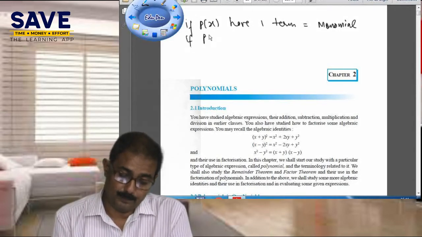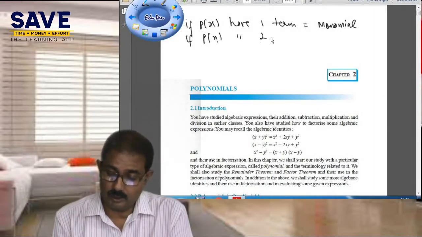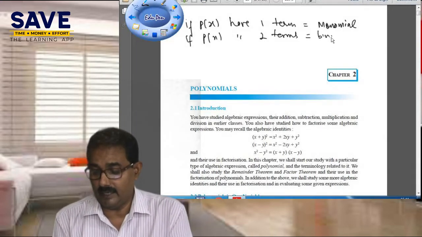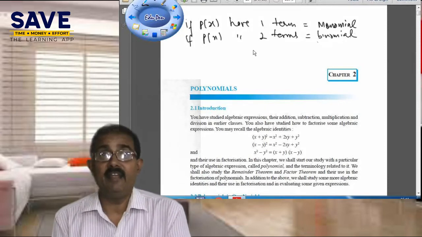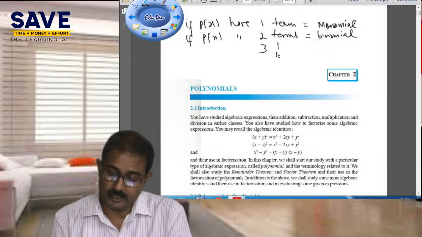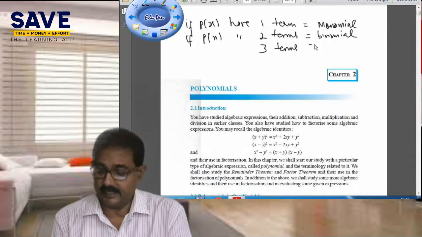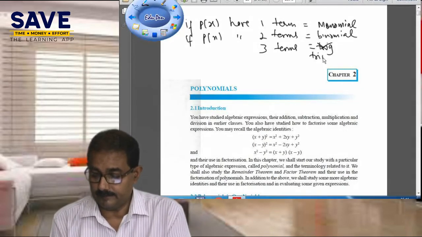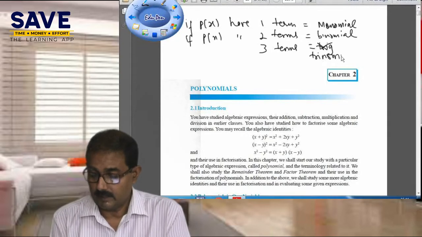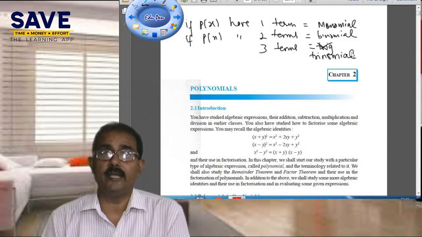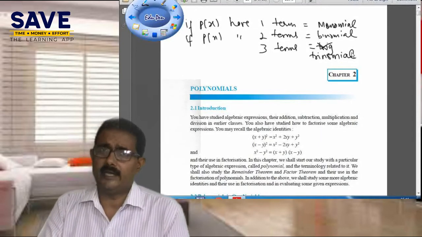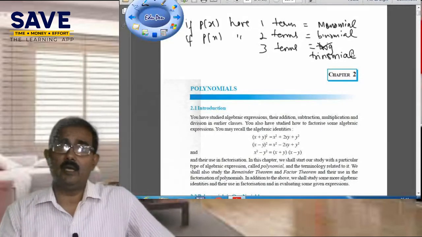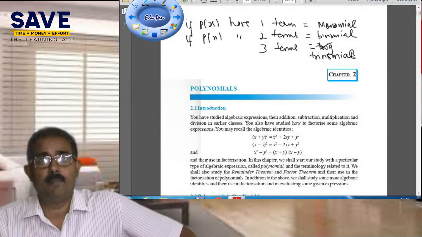If polynomial px has two terms, then it is known as the binomial. If it has three terms, then it is known as trinomial, and so on. If it has 4 or more than 4, then we generally call it a polynomial. So binomial, monomial, trinomial based on the number of terms.